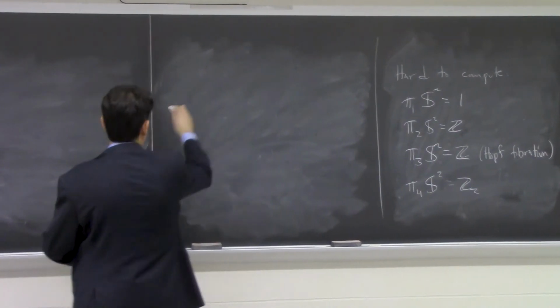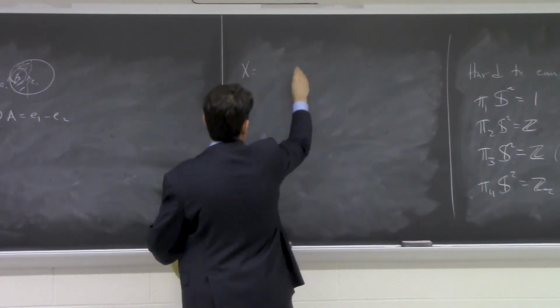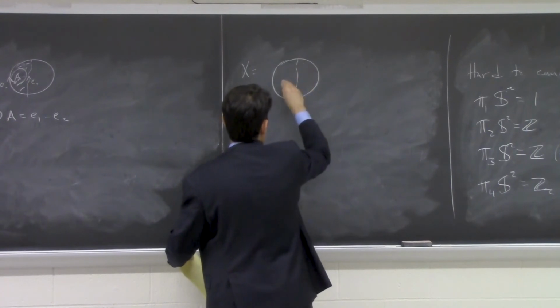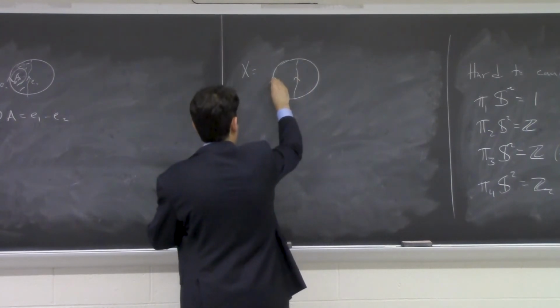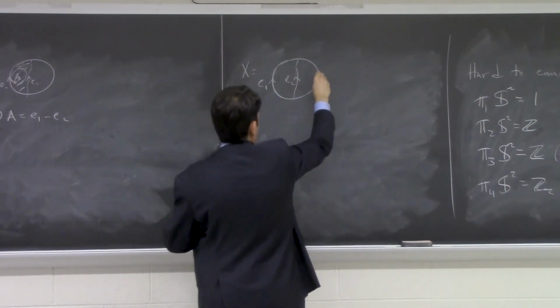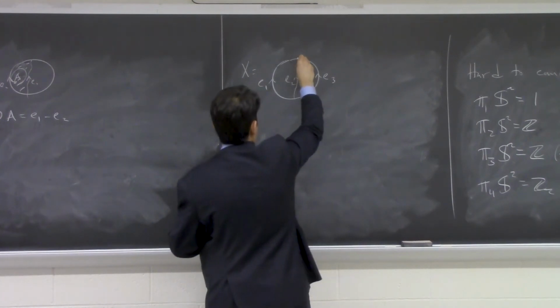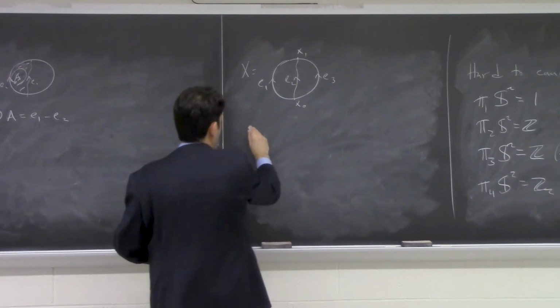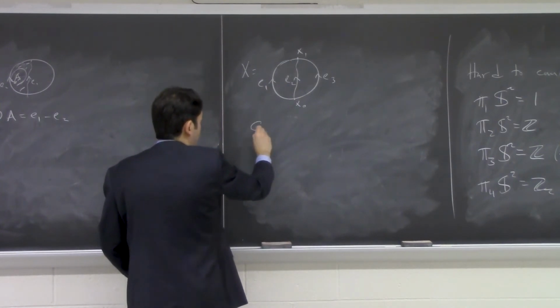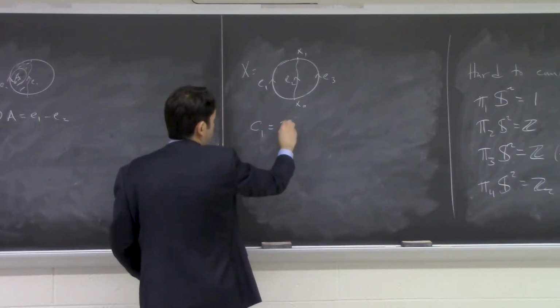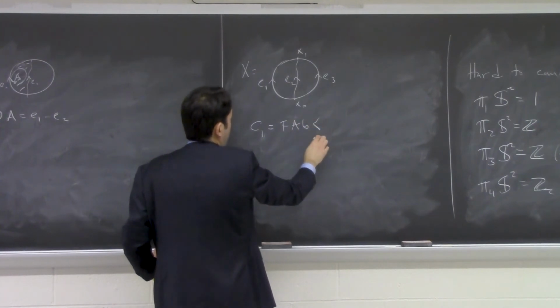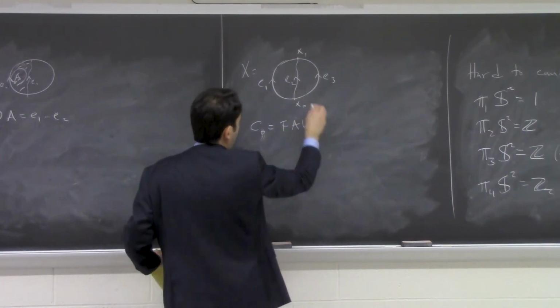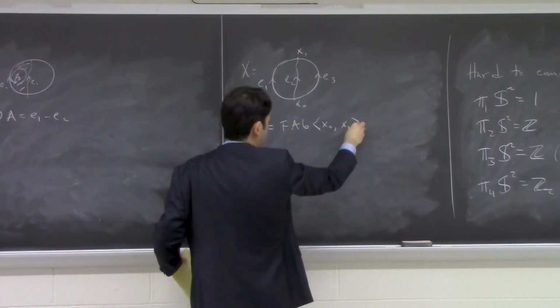So for example, let's say that X is, let's take the same graph. So let's put E1 out here this time, E2 and E3. Let's make this point x1, this point x0. So here, C0 would be the free abelian group on x0 and x1.